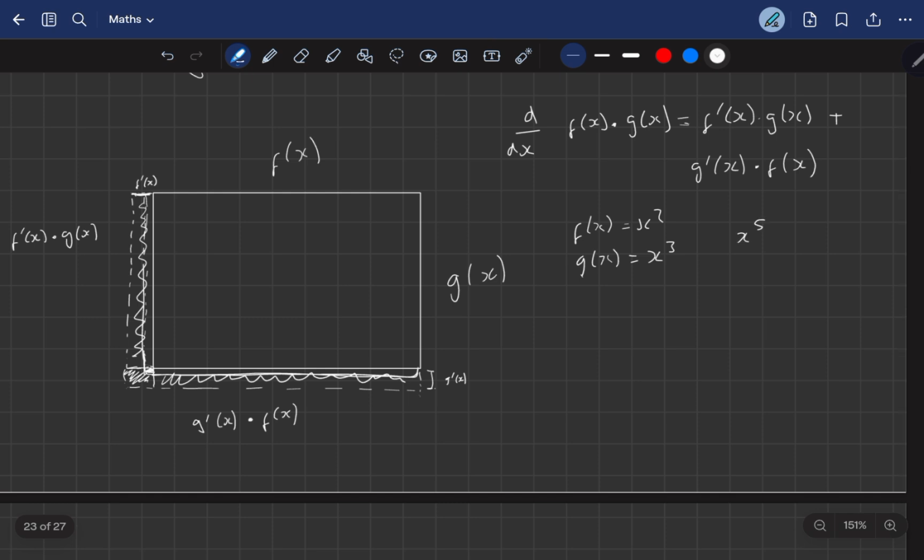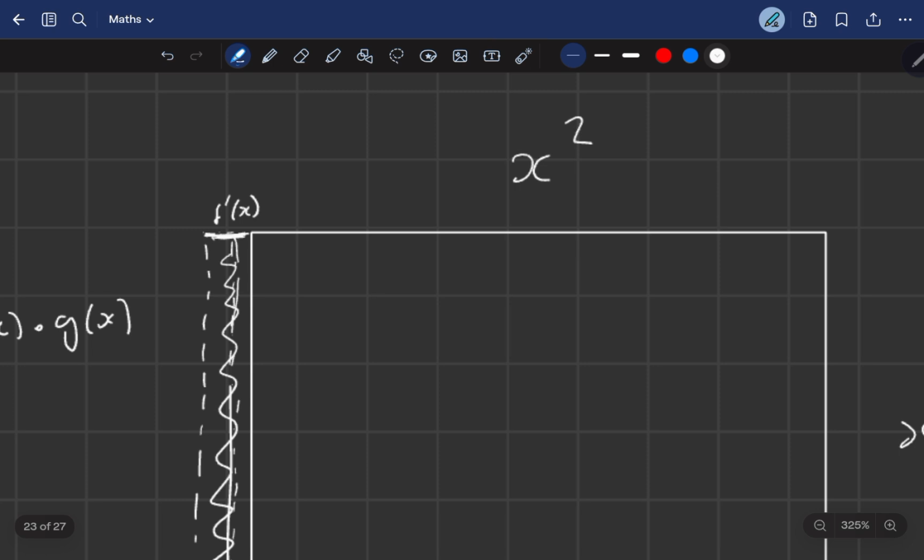And the derivative of x to the power of 5 is just 5x to the 4. Let's prove that using this idea. So instead of f of x up here, let me just erase that. We have x squared. Instead of g of x over here, we have x cubed.